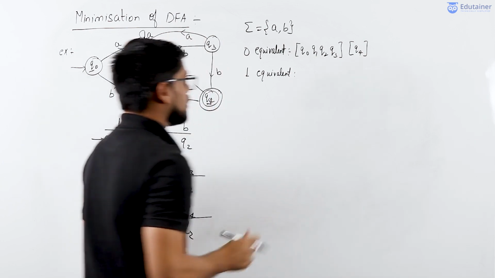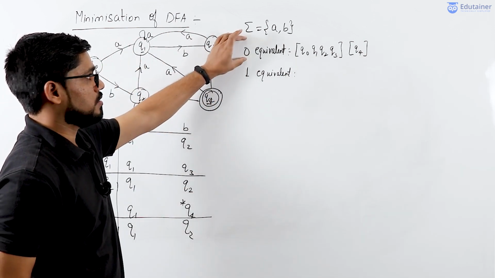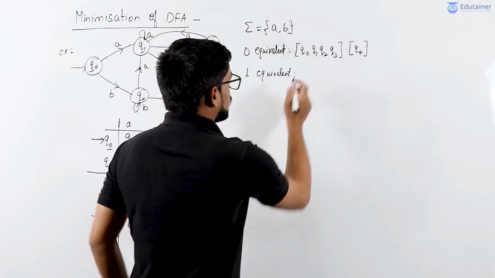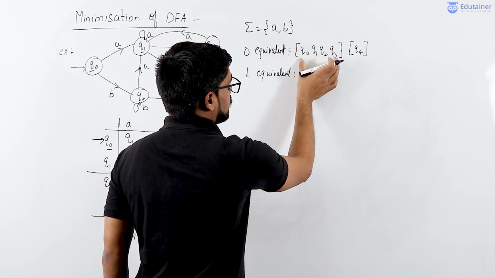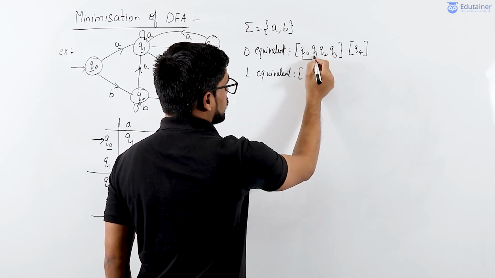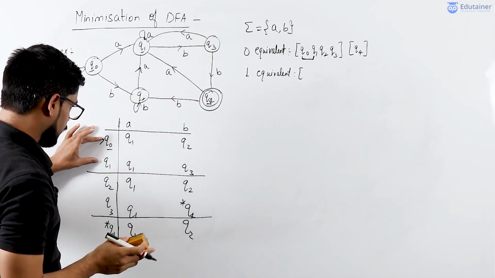The one equivalence set is achieved using the zero equivalence set. So first let's take the non-final states Q0, Q1, Q2, Q3. First we will take these two together, Q0 and Q1.